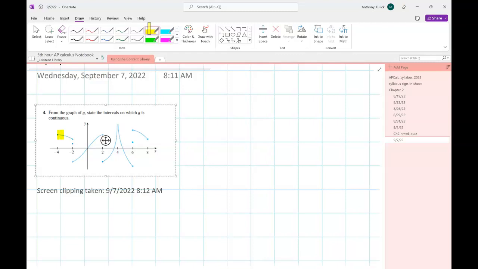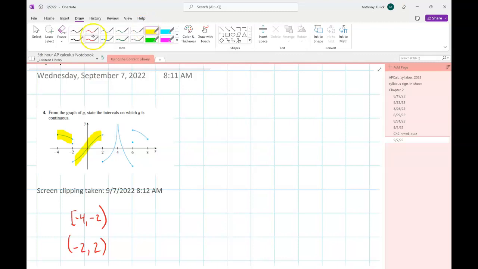So, right here, we're continuous. So I would say we're continuous from the right all the way to -2. And then -2 up to +2. Notice that those are both empty, so I wouldn't include those. 4 appears to be an asymptote, but we have a filled in endpoint there, so that's continuous from the right.